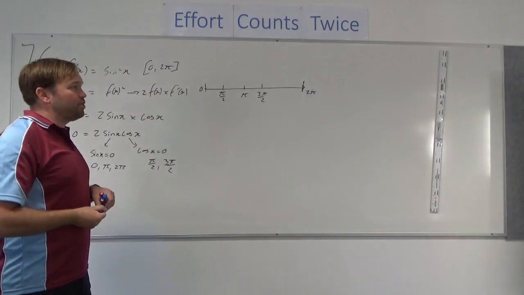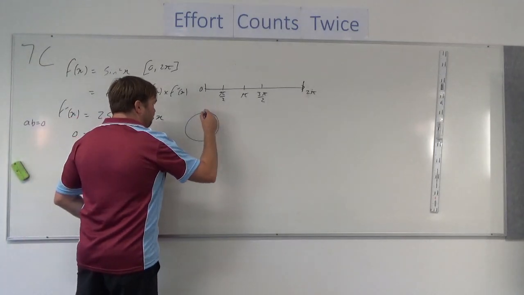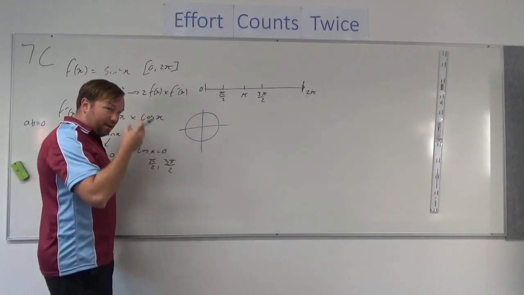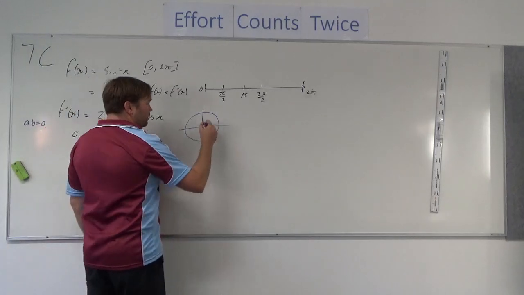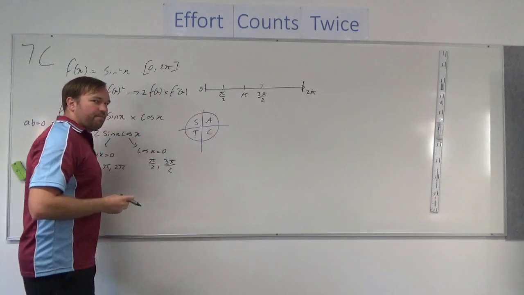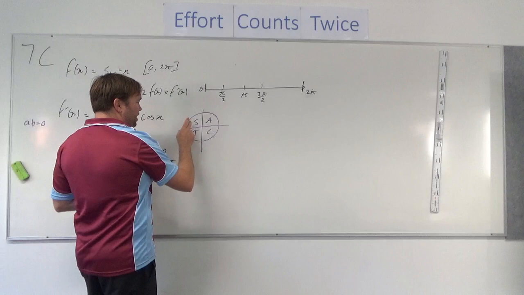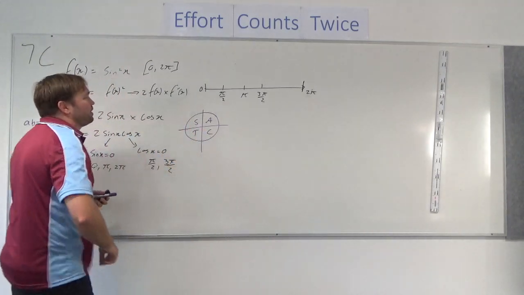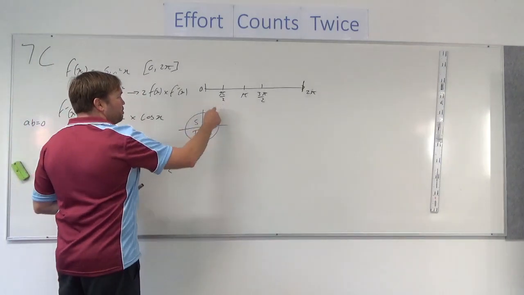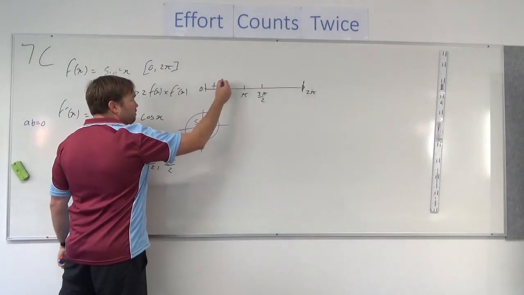Alright, now when we substitute in, it's probably helpful to remember that horrible mnemonic: All Silly Turtles Crawl. There are less polite versions. Here, all of them are positive: sine positive, tan positive, cos positive. So between 0 and pi on 2, they're all positive. So we've really got 2 times positive, so it's positive.